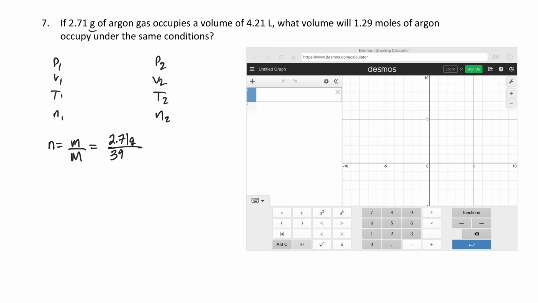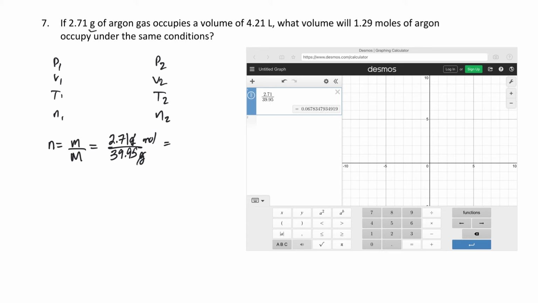39.95 grams per mole. Grams cancel. And let's figure that out. So 2.71 divided by 39.95.